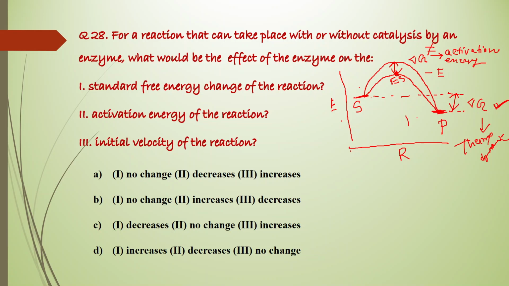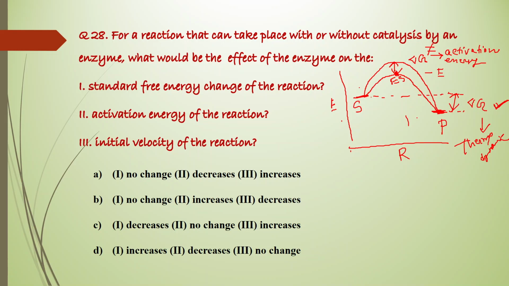But we all know enzyme is something that deals with the kinetics of a reaction itself. So it will not interfere with the thermodynamic parameter. It can only affect the rate of the reaction, but it cannot interfere with any thermodynamic parameter of a reaction.